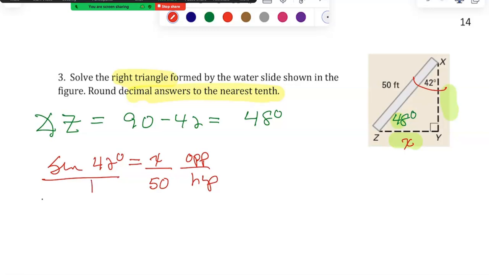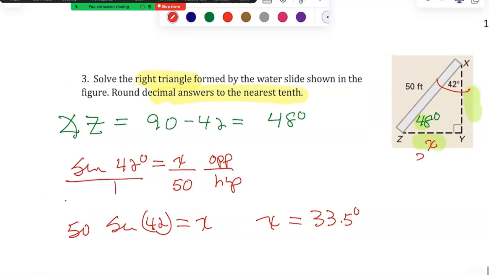Do your cross products. 50 times the sine of 42 will equal x. So x ends up being 33.5. So here's x, 33.5. And it's not degrees because it's a length.